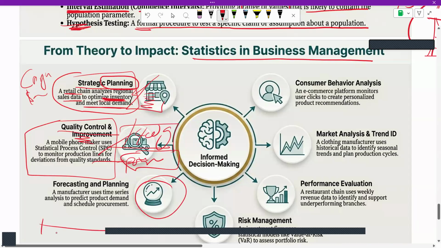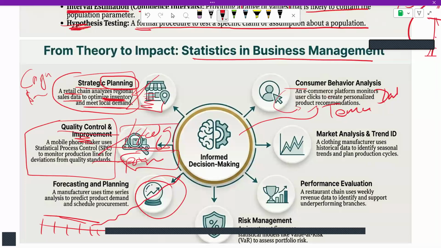And forecasting, you can take past figures, say stock price data, and you can estimate the future prices. Consumer behavior analysis, how a customer selects a particular product or how a particular customer buys a product. You may use Temu and you may use Daraz, then it will trace how often you visit, how long you stay in the application and how much you are spending.